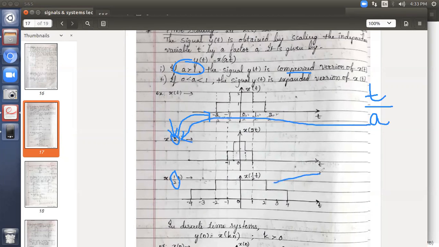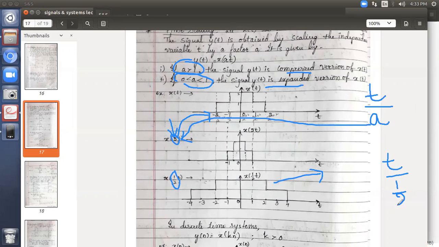Now in the second case, when the a value is between 0 to 1, that is half, 0.5 for example, signal should be expanded. In order to get the expanded, greater value, you should have some multiplication, obviously. It is actually like this: t of that a value.